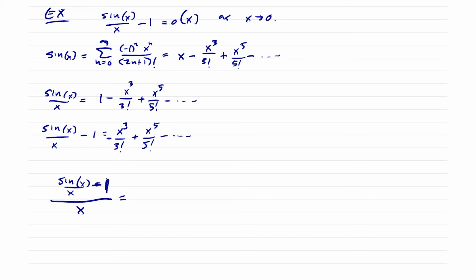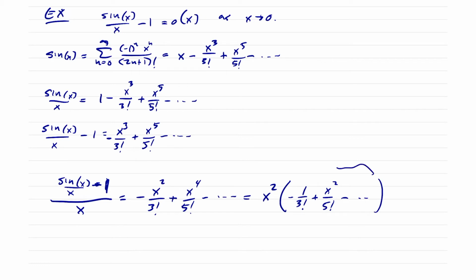What is this? This is going to be minus x over 3 factorial plus x cubed over 5 factorial minus etc. And this is equal to x times something else, minus 1 over 3 factorial plus x squared over 5 factorial minus etc. So this is convergent.